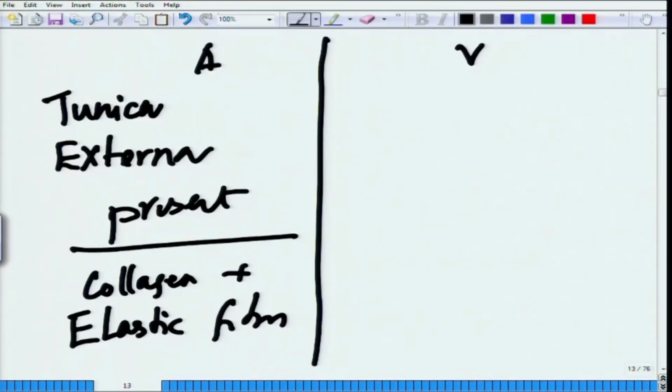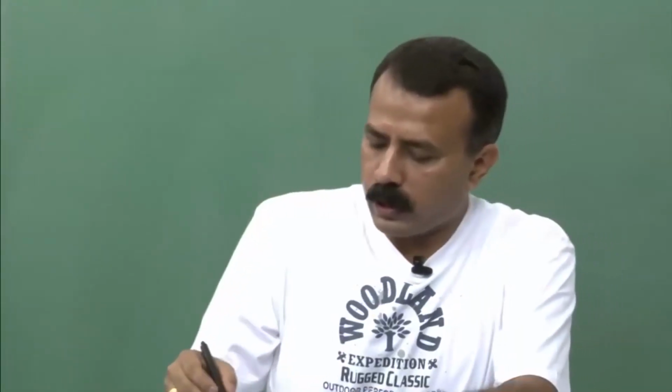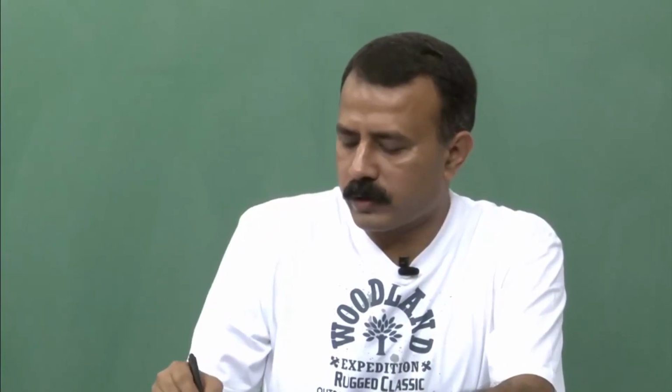So, that is pretty much the overall classification or overall differences between the arteries and the veins. Okay. So, now from here we will move on to the different classifications of the arteries.